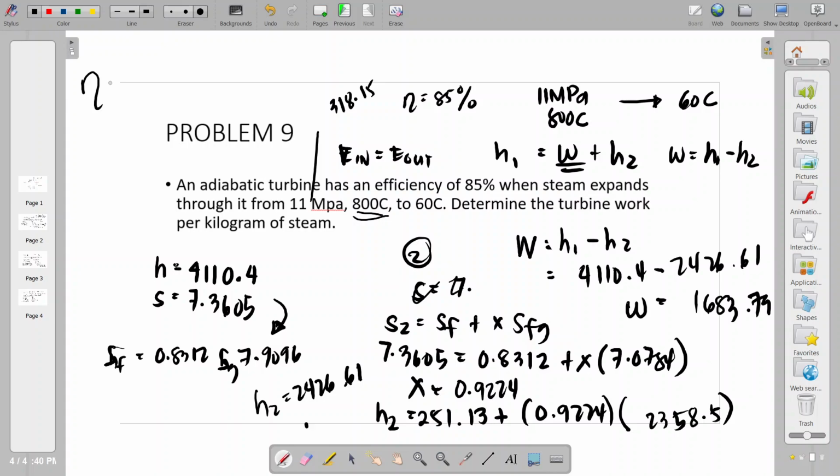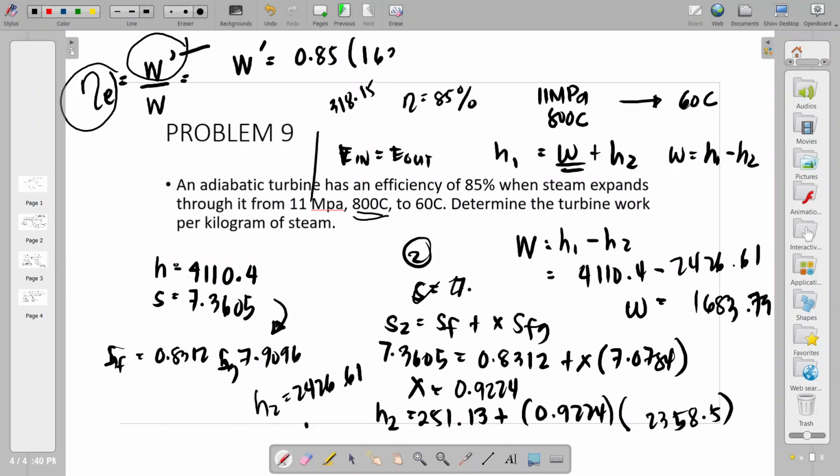Okay? And pag expansion ang efficiency ay work actual over work ideal. So, kung meron tayong given nito, ang hinahanap is ito. So, actual work is equivalent sa 0.85 times yung ideal natin na 1683.79.